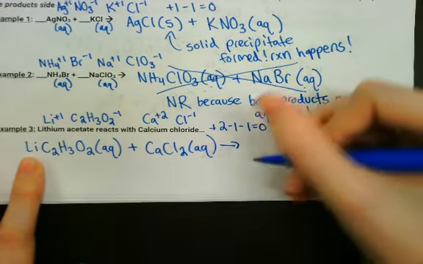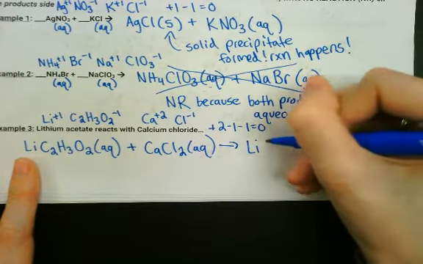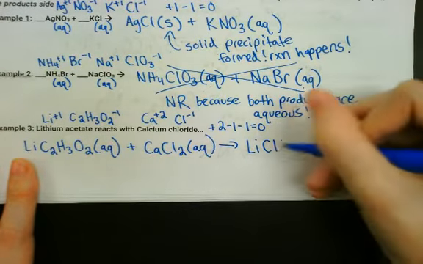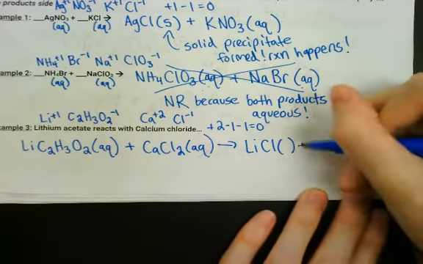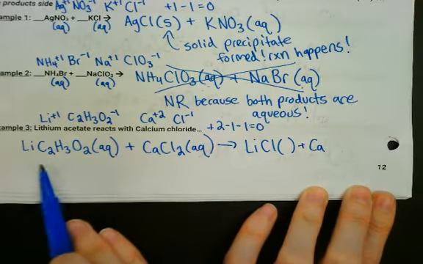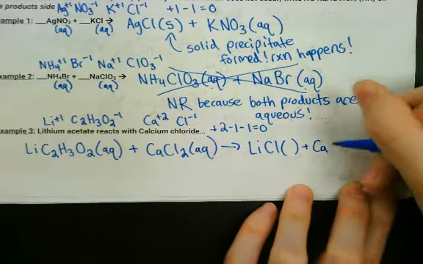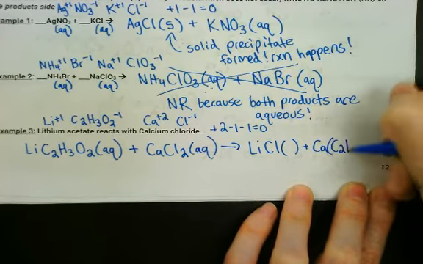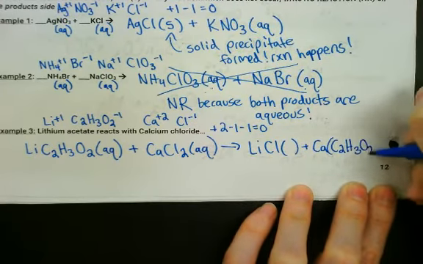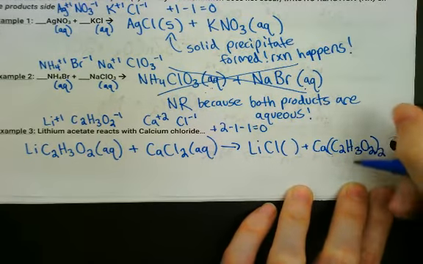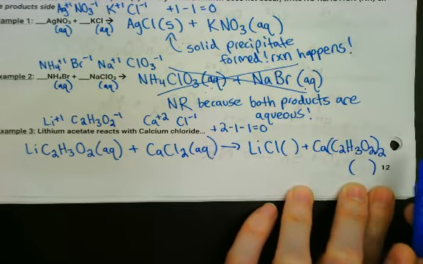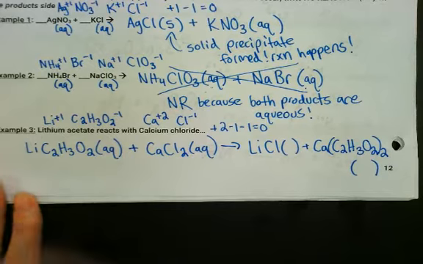So lithium is going to partner up with chlorine. I'm going to get LiCl. And calcium is going to partner up with acetate. So I'm going to get calcium acetate right there. I'm going to put the state down here since I've run out of room.